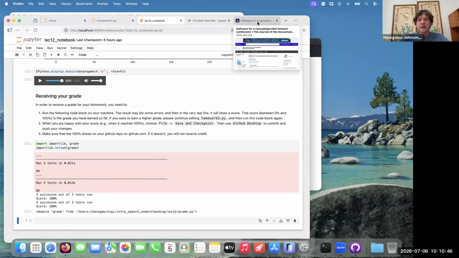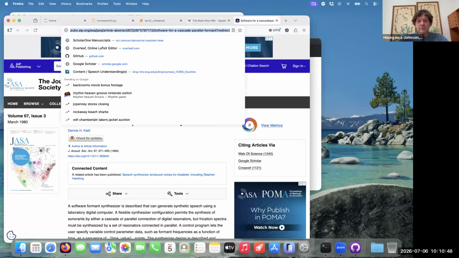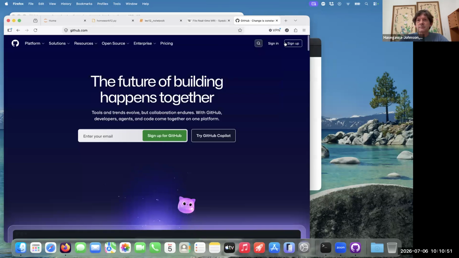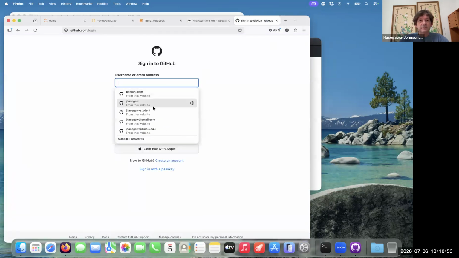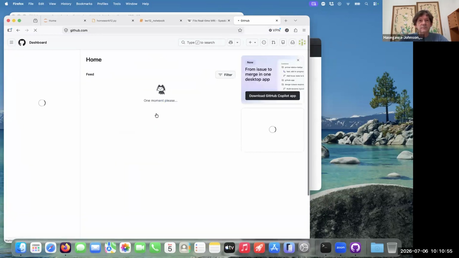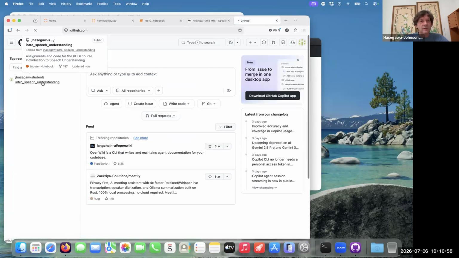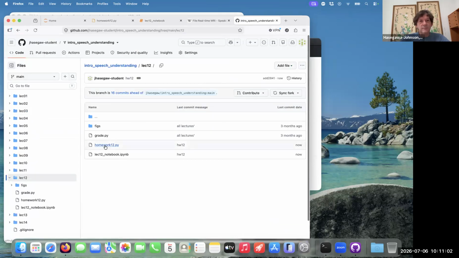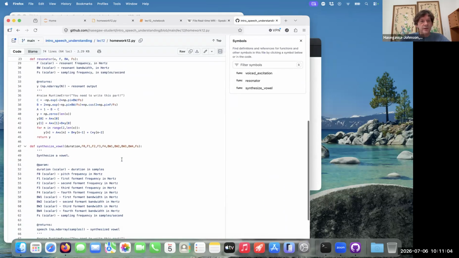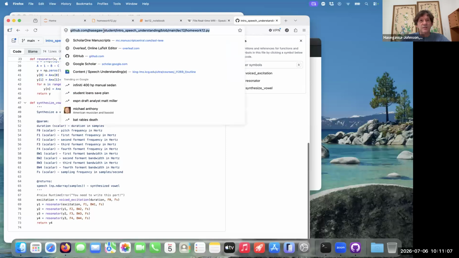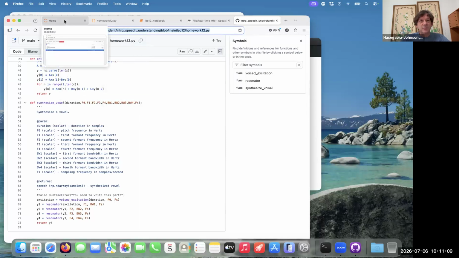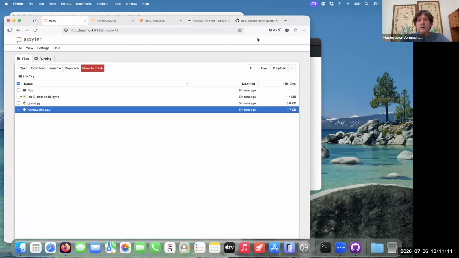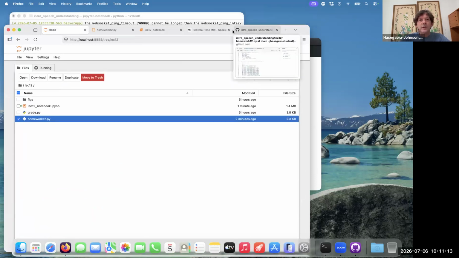All right, and let me go to GitHub to make sure that that worked. All right, good. There's all the computations. There's all the code. So we can then just copy this and go to the, oh, we don't have the original intro speech understanding here.